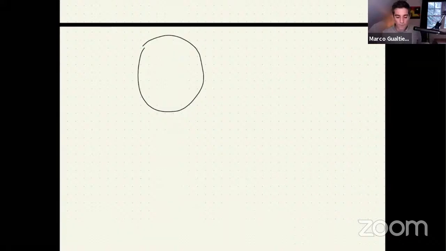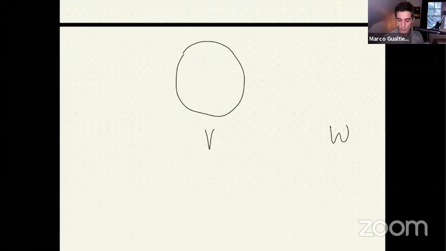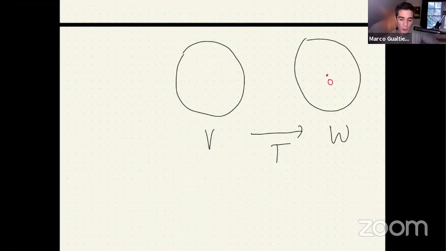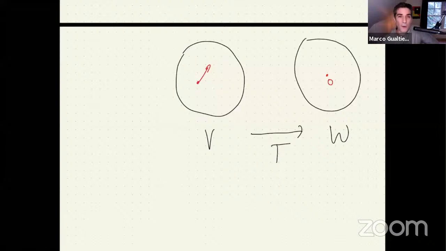But maybe I'll just give you a quick preview. The basic idea is that if you have V and W and a linear map from one to the other, there's a special point in W, 0, and there are potentially some vectors in V that are sent to 0 by this linear map.